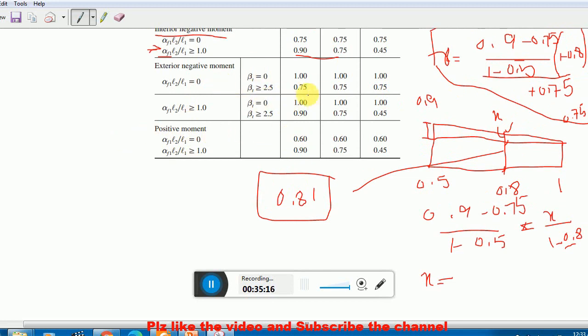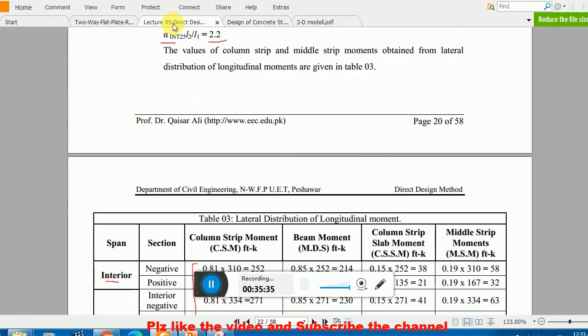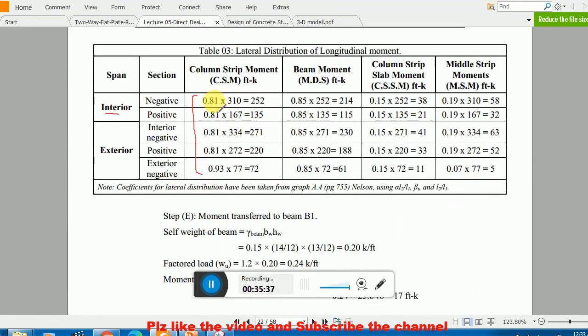But the most tricky part is this one, because here we have to interpolate two to three times. Let me show you the calculation. 0.81 for the interior span.